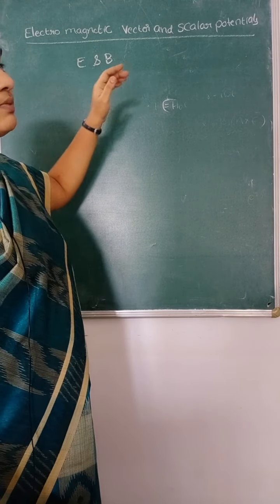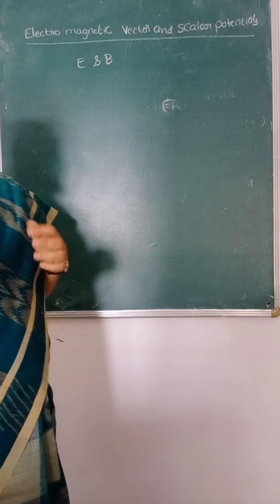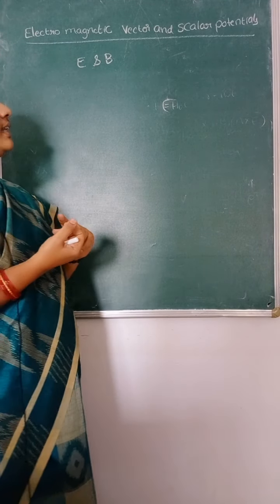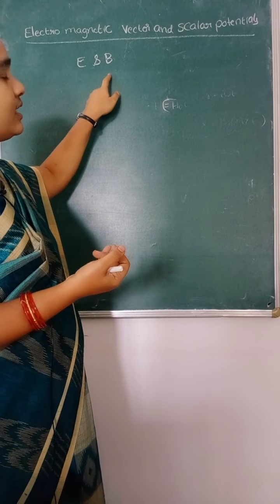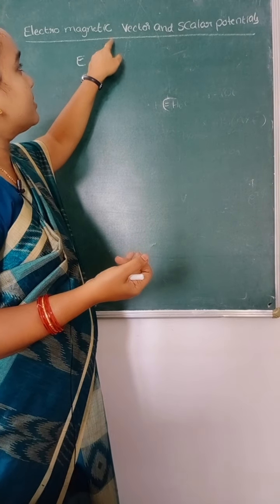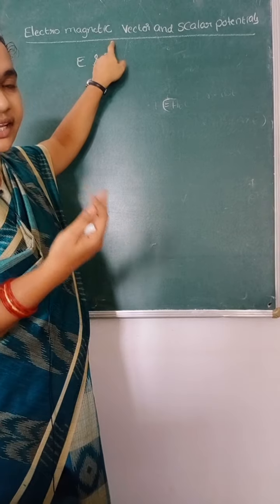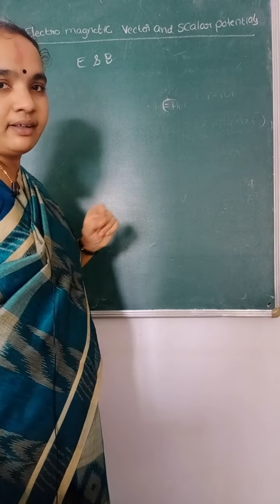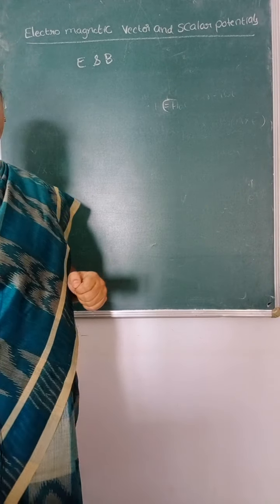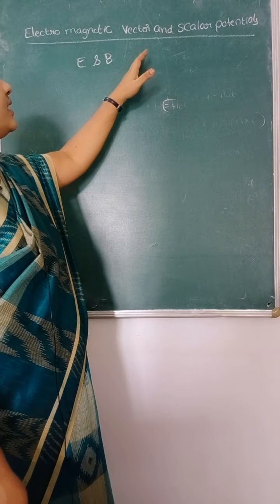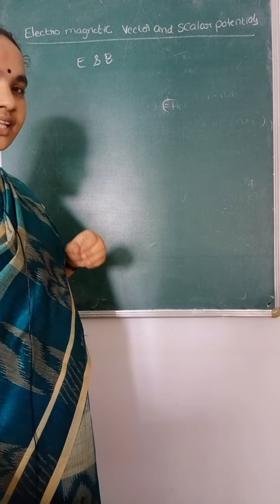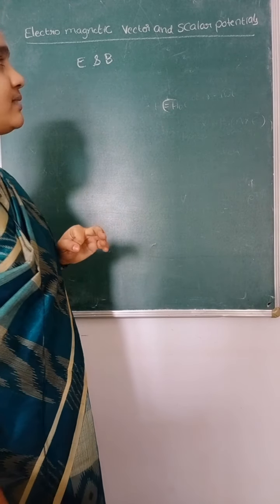Those equations will also satisfy Maxwell's equations. So our aim is to calculate the electric and magnetic field vectors in terms of magnetic vector and scalar potentials, such that they also satisfy Maxwell's equations. These potentials can be derived from the basic Maxwell's equations.